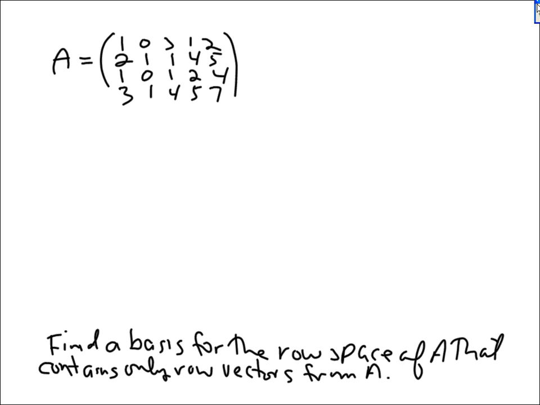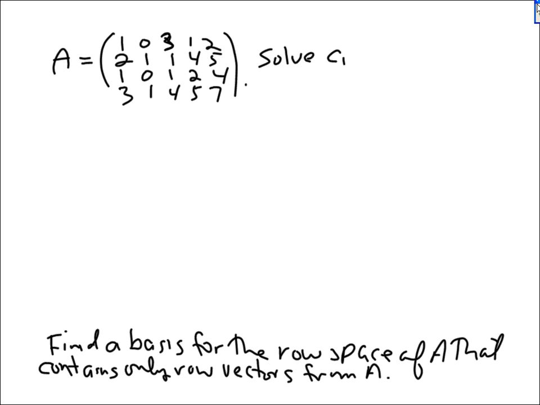I want to find a basis for the row space, but this basis can only contain row vectors from A. So what you want to do is remove the linearly dependent vectors, and one way to do this is to solve the following.